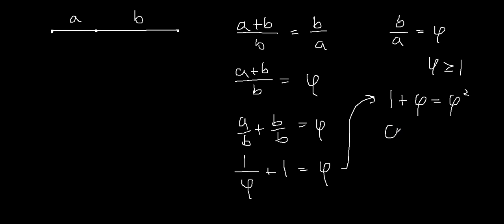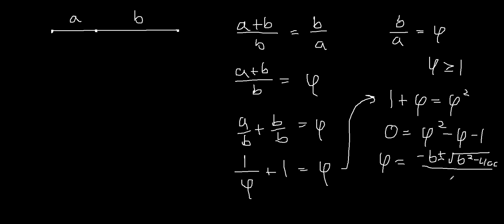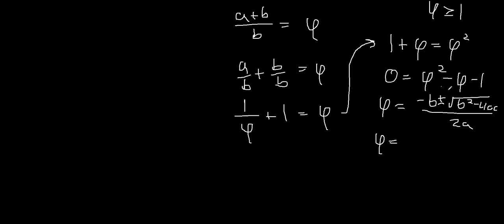And if you rearrange that, and if you use the quadratic equation, right, negative b plus or minus the square root of b squared minus 4ac all over 2a, you get phi equals negative b, where the b value is negative 1.